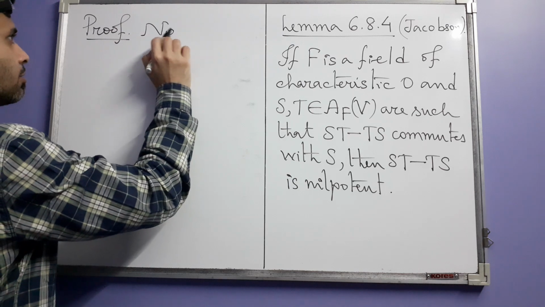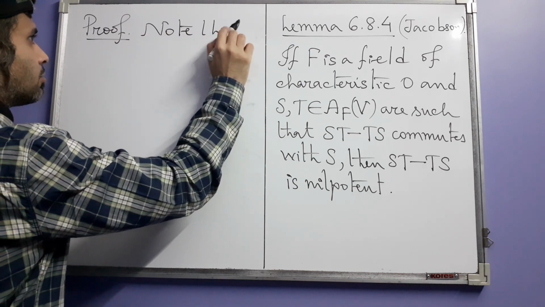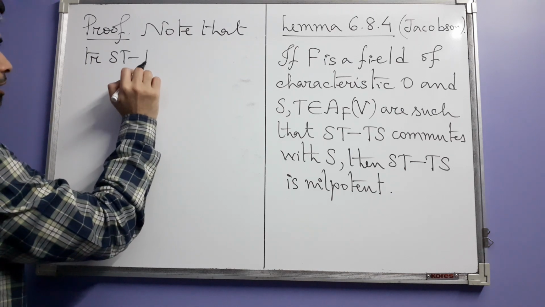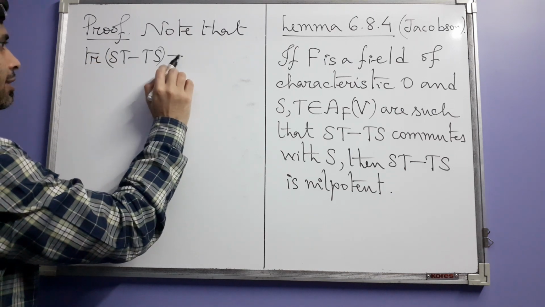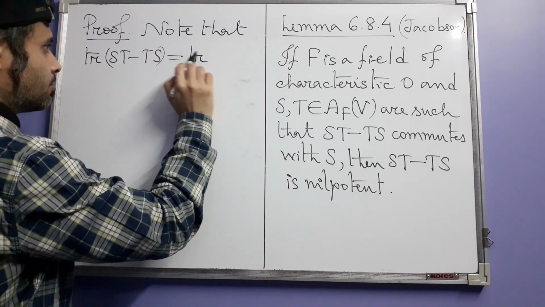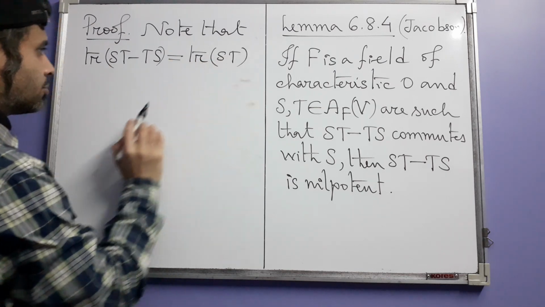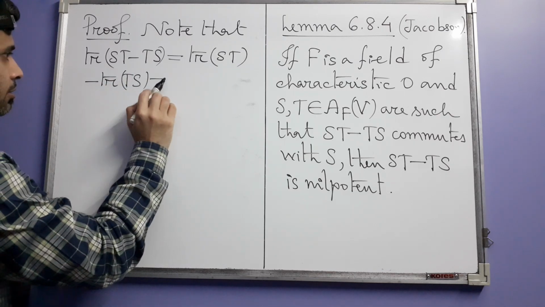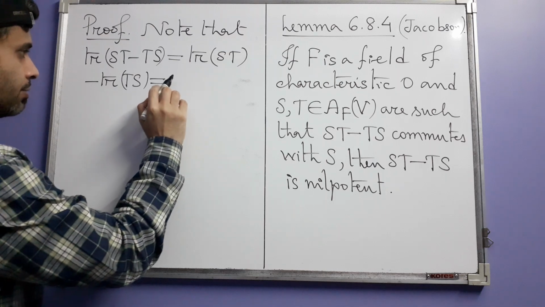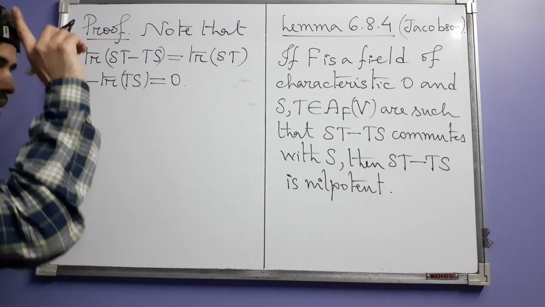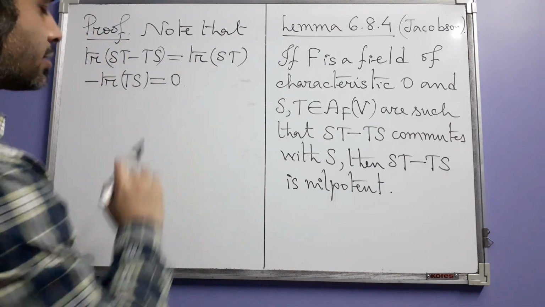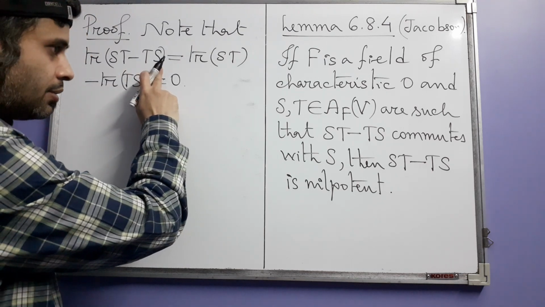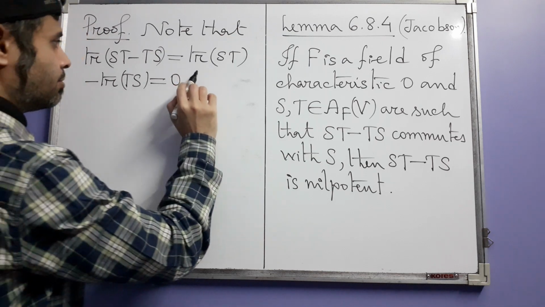Note that trace of ST minus TS, recall that trace is linear, so this becomes trace of ST minus trace of TS, and that you know is 0, because by our first lemma, ST and TS have the same trace. So at least this first power of the operator has trace equal to 0.